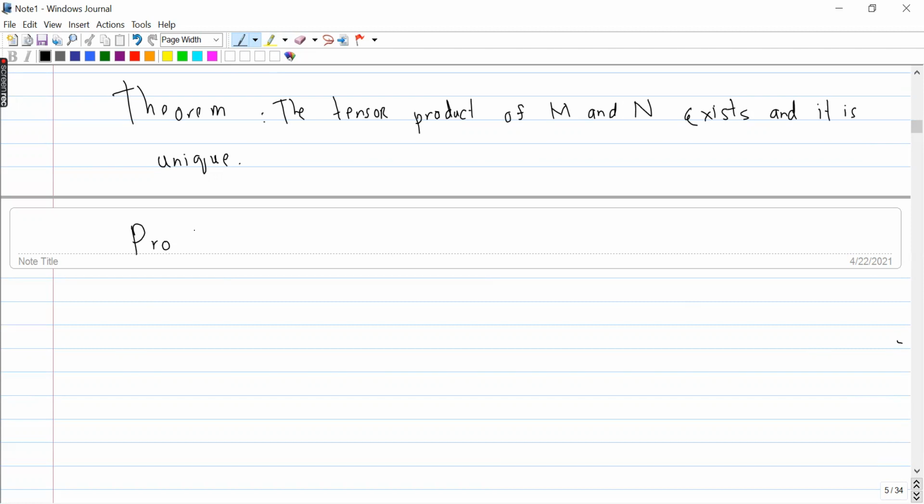So the first part is related with the existence or construction of the tensor product.